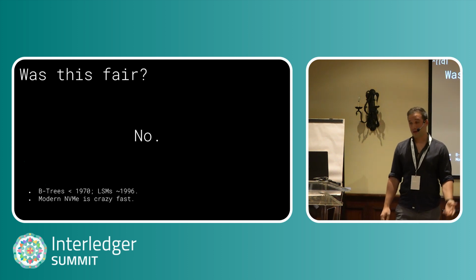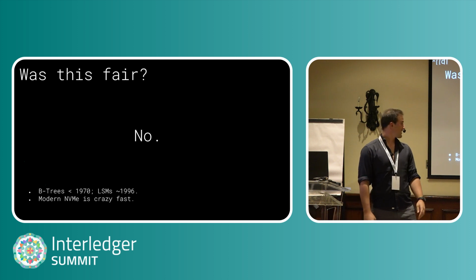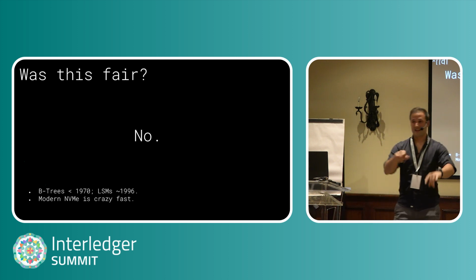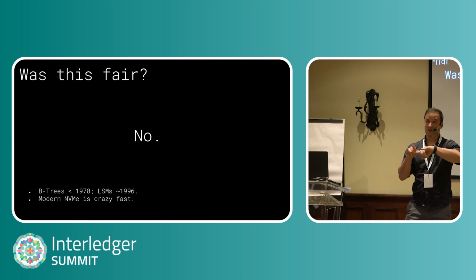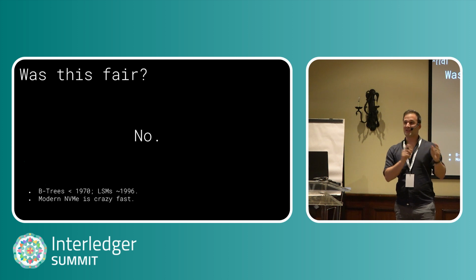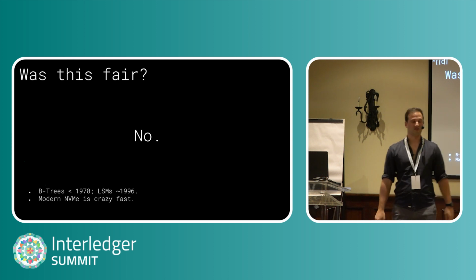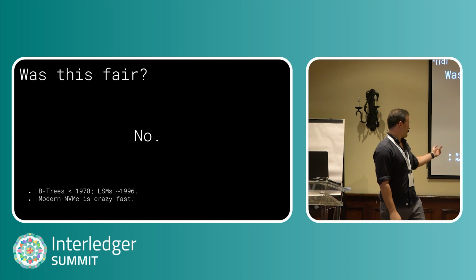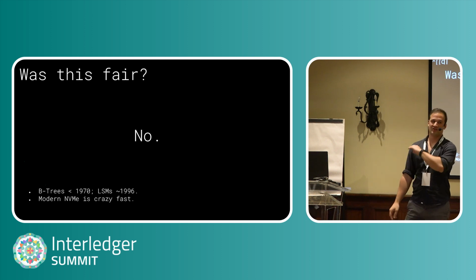LSMs only came around, the paper was only published in 1996. So LSMs have been around less time, from when the paper was published to now, than B-trees had been around when Postgres was first released. And also the other thing is modern NVMe drives are just crazy fast.